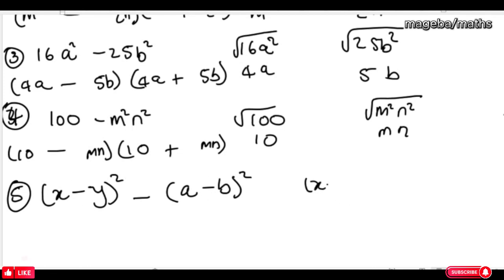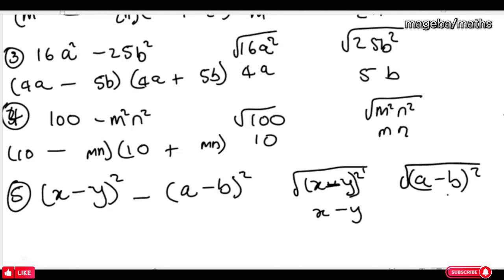It's just the same thing. Finding the square root of this, you just get x minus y, and also finding the square root of a minus b all squared is just a minus b.